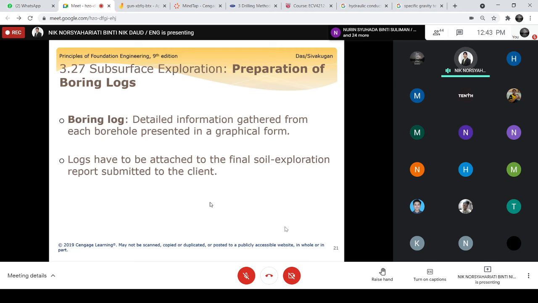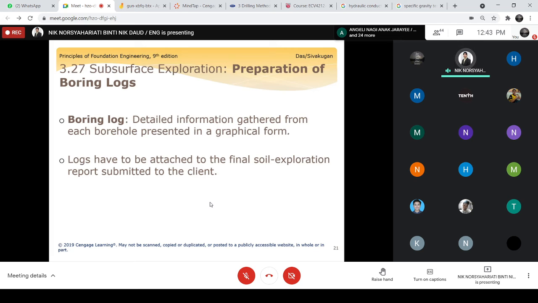But of course, at the end of it, as an engineer, you need to prepare a boring log. Normally at site it is the geologist, but normally the engineer also needs to go to site, because you need to assist them on how deep to bore the boreholes, how many samples to get from the boreholes, and so on.